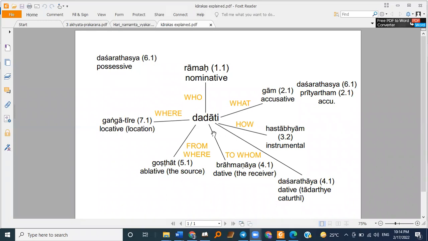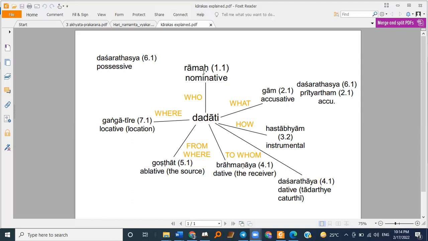Kriya Sambandha Visheshi Karakam: all these cases have a direct relationship with the verb, Kriya. I took this verb as an example, Dadati, which means to give, giving. And I have added a word from each case, and I have completed the whole sentence.